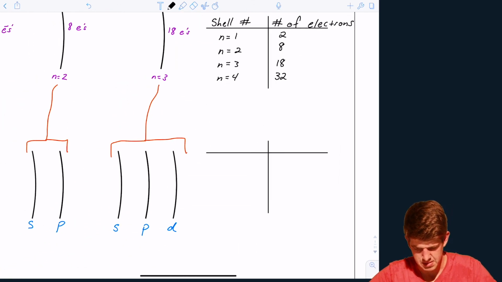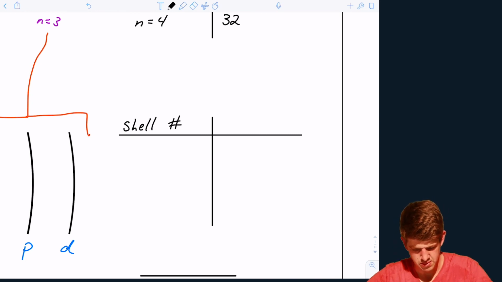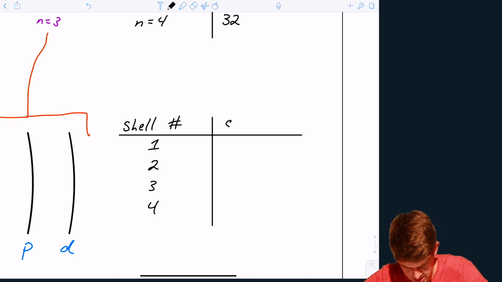Now, when we talk about subshells, let's talk about, again, how many subshells are in each shell. So shell number, 1, 2, 3, 4, and then subshells.